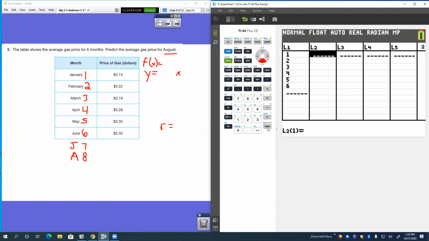So now we can type in 315, 322, 319, 328, 335, and 332. I'll give you a second to type those in.